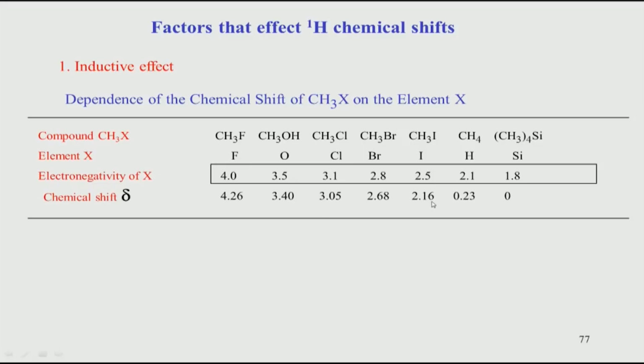Both are halogens, but because chlorine is more electronegative than iodine, the inductive effect of iodine is less than that of chlorine. Therefore, a CH3I molecule will have a hydrogen coming upfield shifted compared to CH3Cl. And methane, which is all hydrogen atoms, a symmetrical molecule, is the most upfield shifted, and it will come at 0. Remember again that we are looking at a reference.